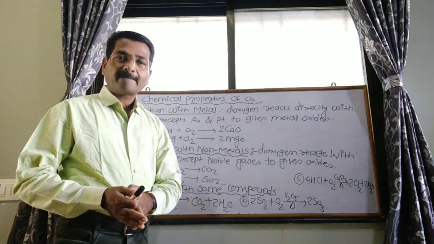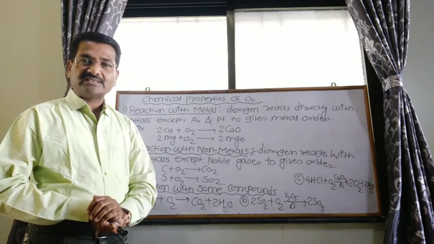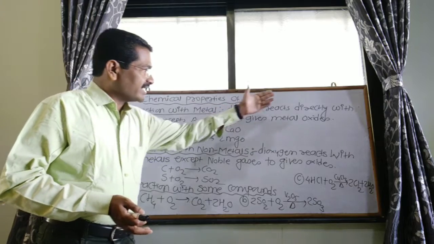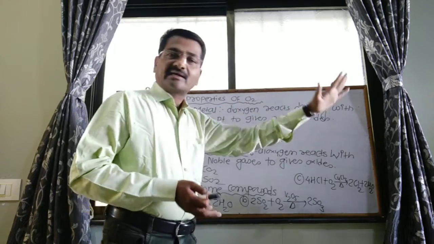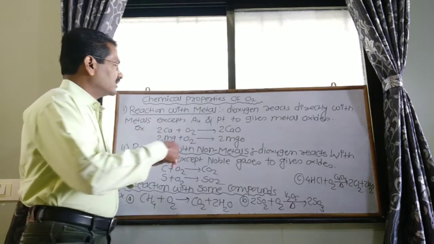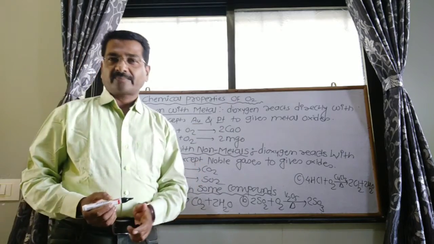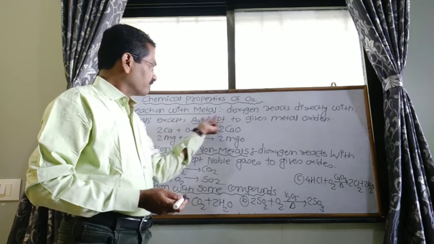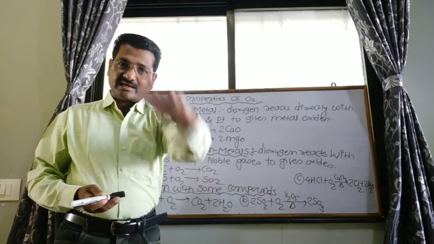For example, sodium, magnesium, aluminium, copper, zinc, all these are metals. Dioxygen reacts directly with metals, except gold and platinum. It cannot directly react with gold and platinum, but reacts directly with any other metals.